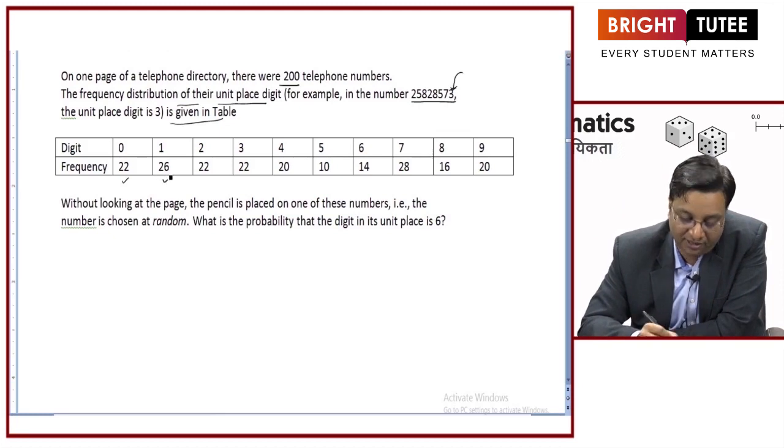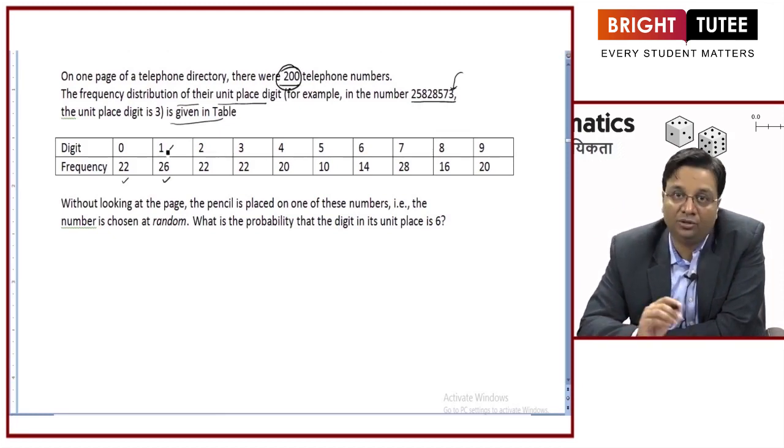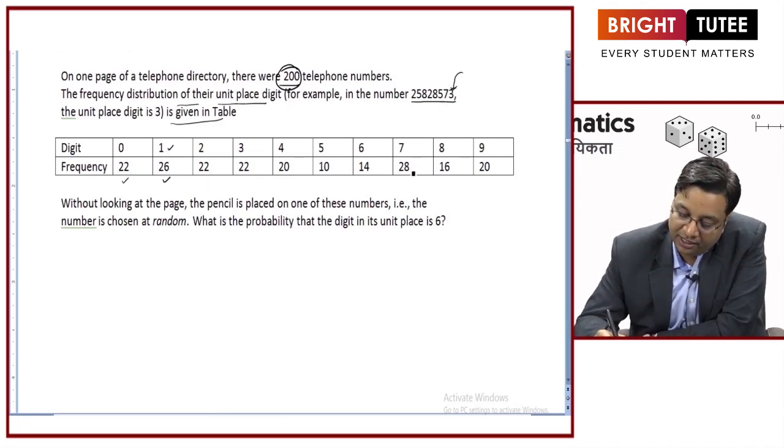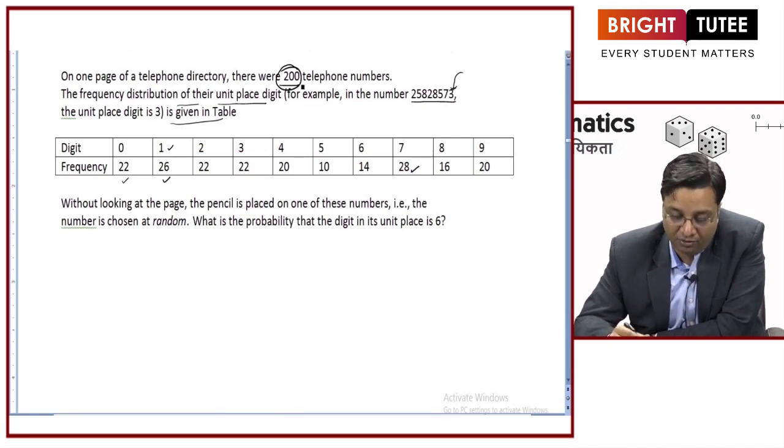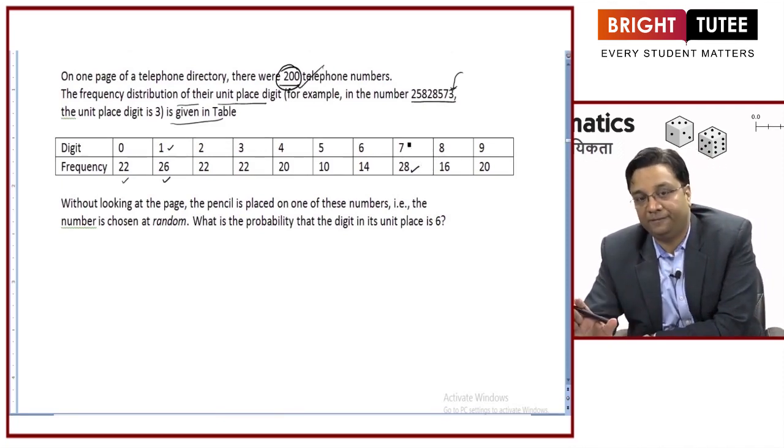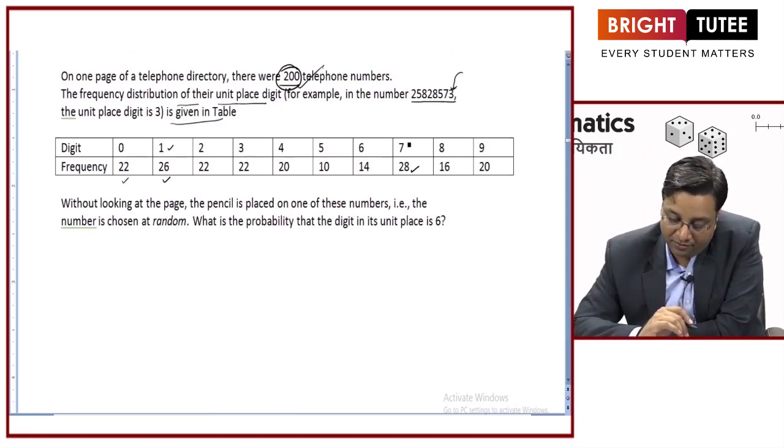In 26 numbers out of these 200, 1 is at units place. Similarly, in 28 numbers out of these 200 telephone numbers, 7 was at the units place. So these facts are given.